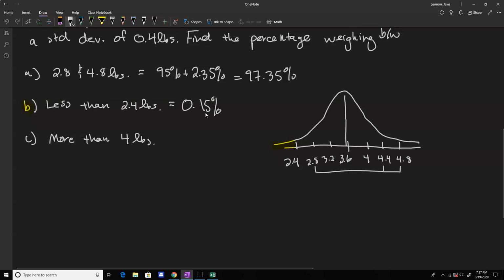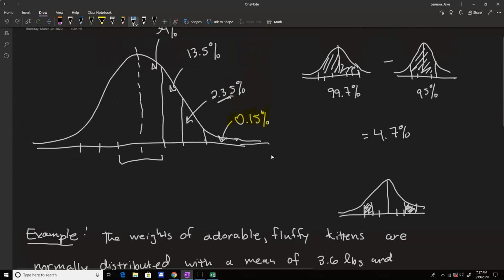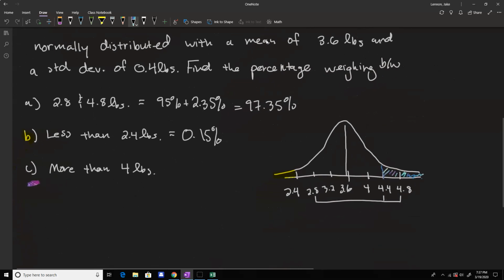And then more than 4 pounds is a little bit different. So more than 4 pounds, I don't know what color this is. We're going from here above. So more than 4.4 is including both the 2.35 and the 0.15. So we add those two together.